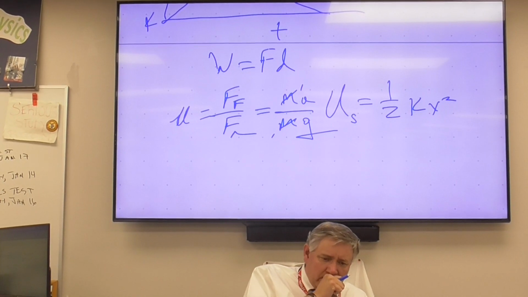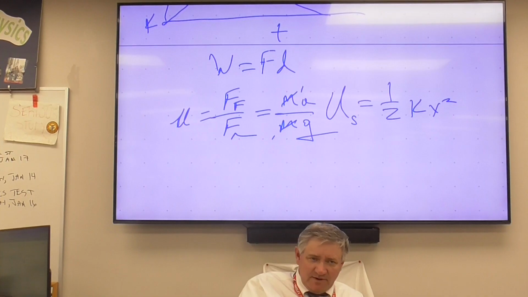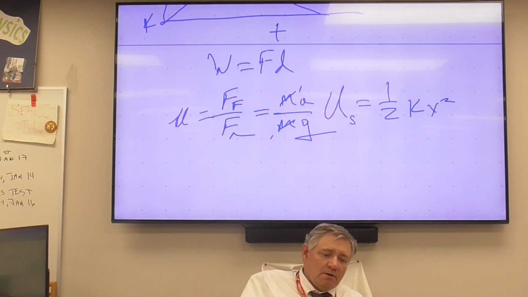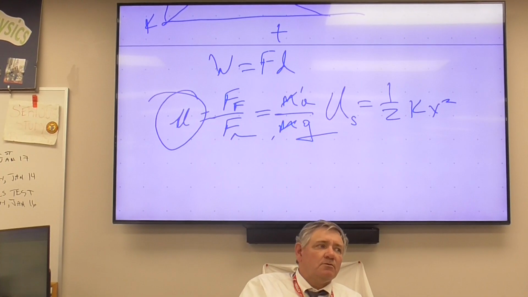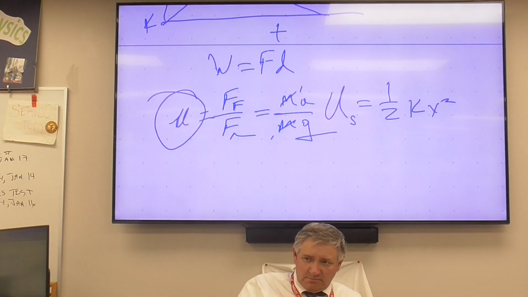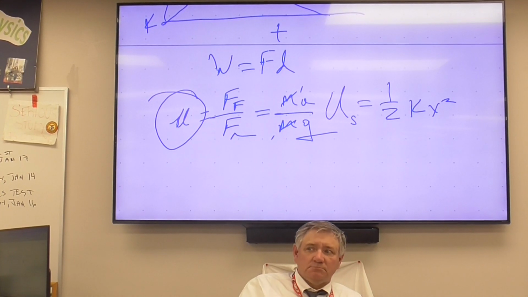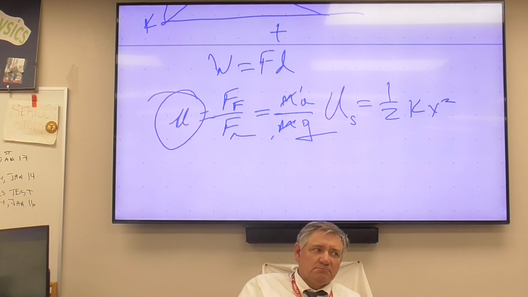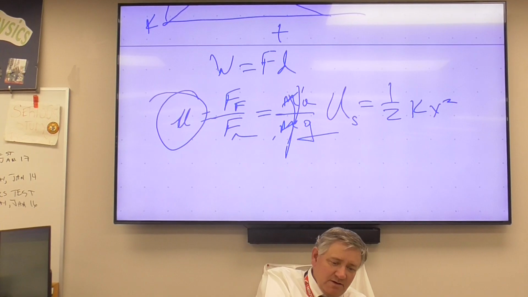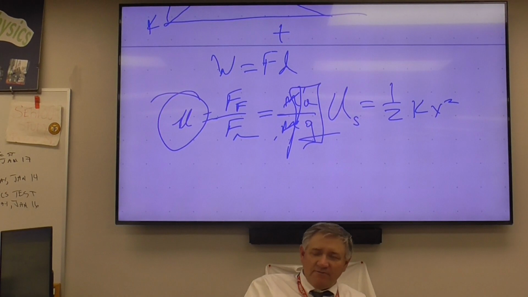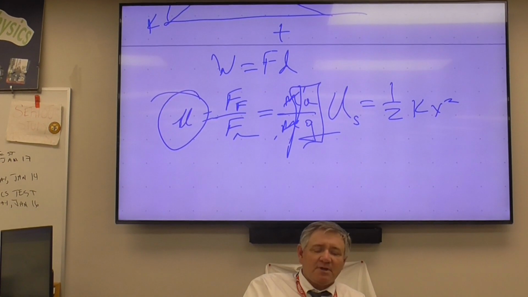So if I have two objects of unequal mass, but the same coefficient of friction, will they have the same acceleration? Yes. Because the masses cancel out, so it's a ratio of a over g.